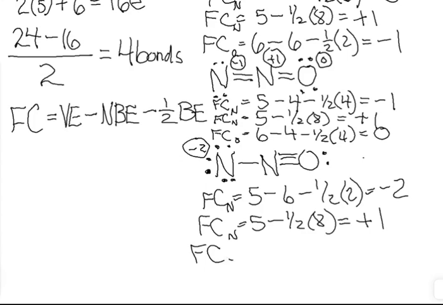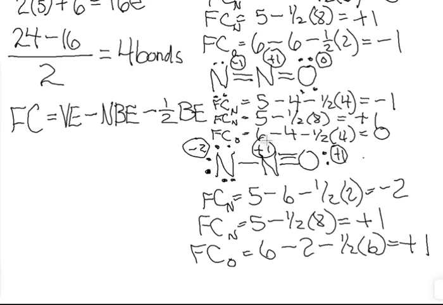Formal charge on oxygen is 6 minus 2 minus 1/2 times 6, or plus 1. This is less favorable because oxygen is more electronegative, and this is a lot of non-zero.